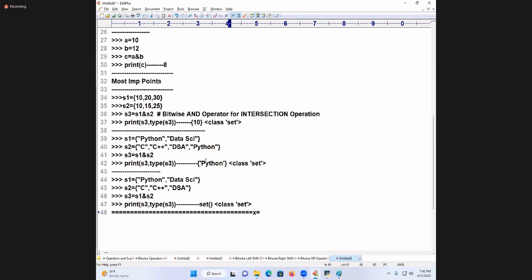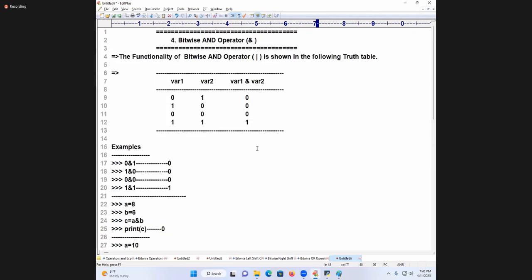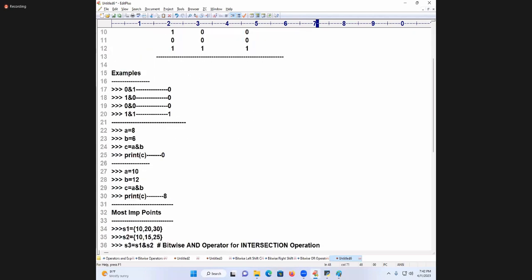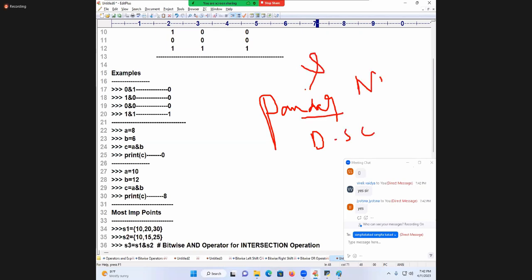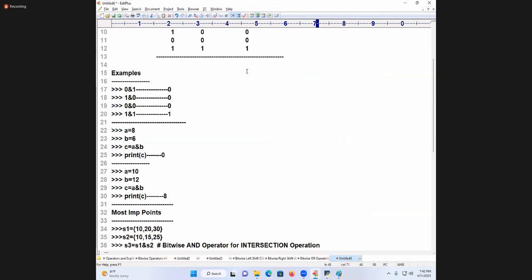Bitwise AND operation is implemented in where? Set operation. Bitwise OR operation and AND operation are very much useful, students, in pandas, in data science also we will use. In NumPy, in many places we will use bitwise AND operation. What operator do we not use very frequently? The AND operator. I don't need the AND operator at all, because I will give you a beautiful explanation.